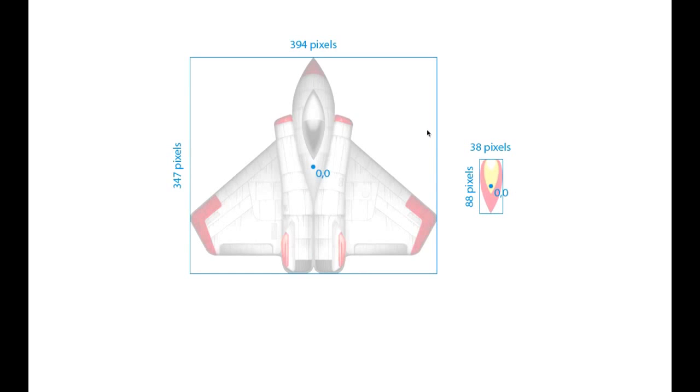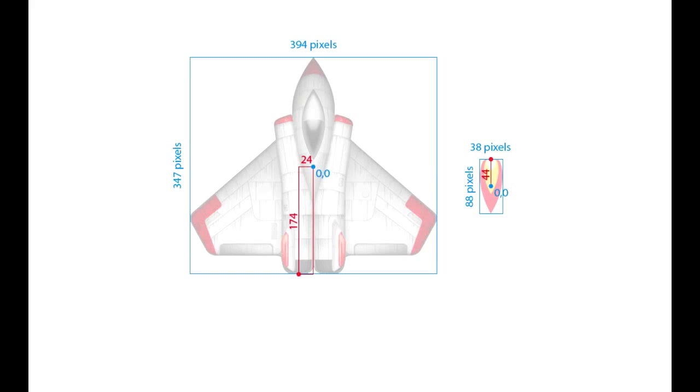We should also point out that when we're positioning them in the scene, they are being centered, and so that means that the coordinate system of the sprite is in the middle. So if I'm going to add the flame at 0, 0 to the spaceship, it's going to show up in the middle of the spaceship.